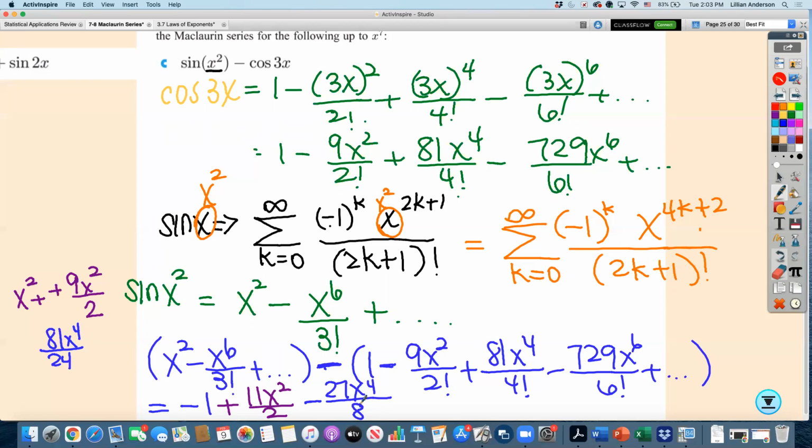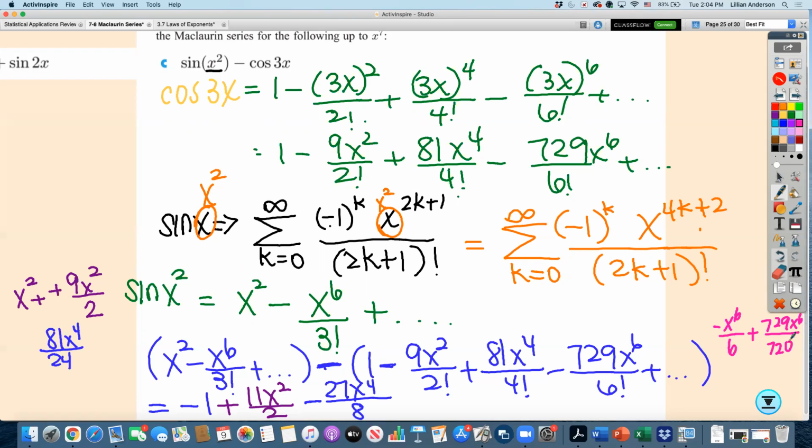Good stuff. And the last term that I'm going to add together is going to be the negative x to the 6 over 3 factorial, which is then a minus a negative 729 x to the 6 over 6 factorial. Negative and negative make a positive, so I'm adding a positive 729 x to the 6 over 720.